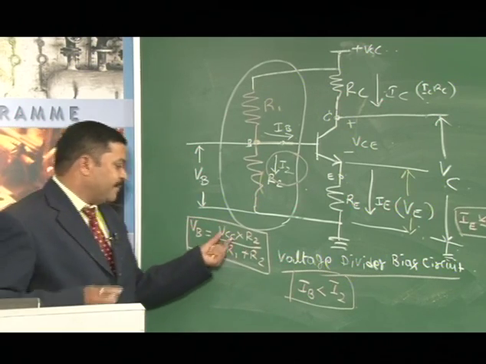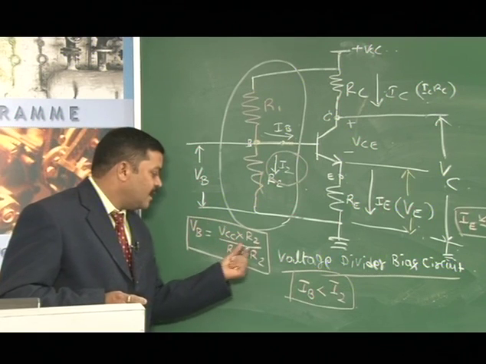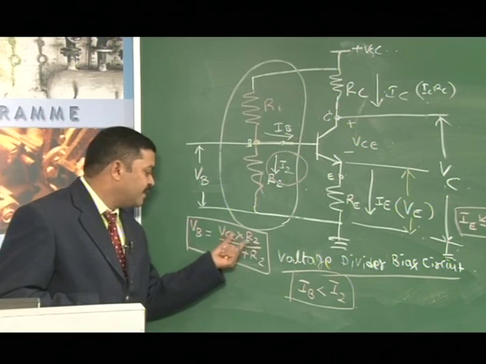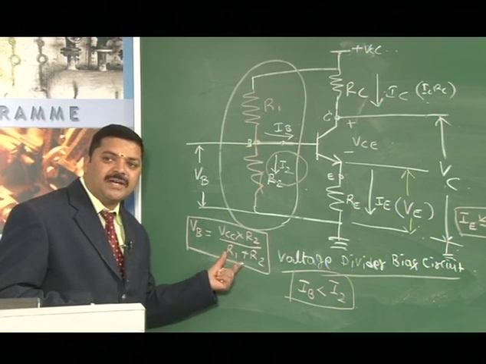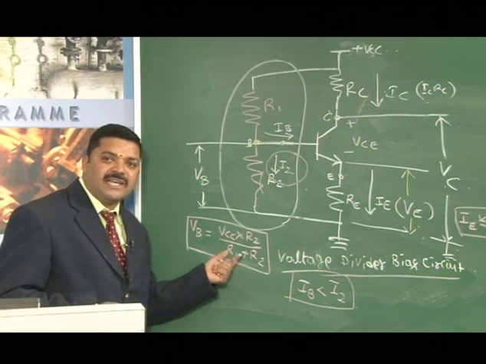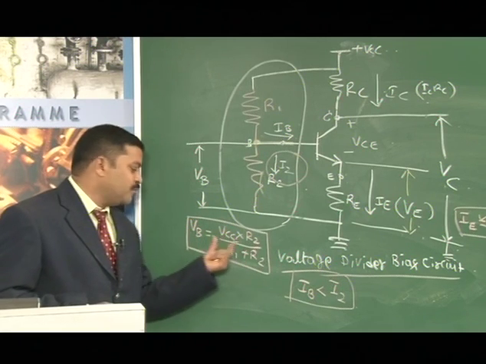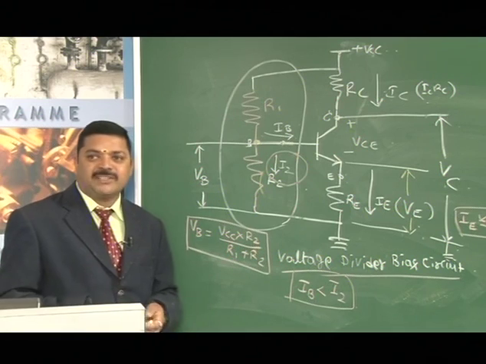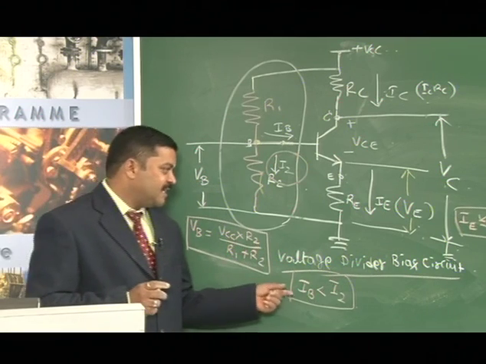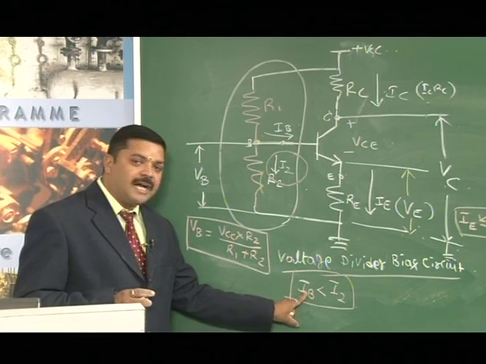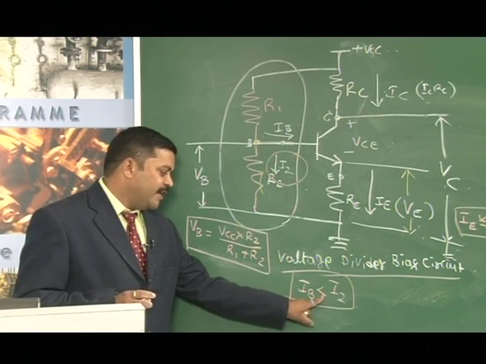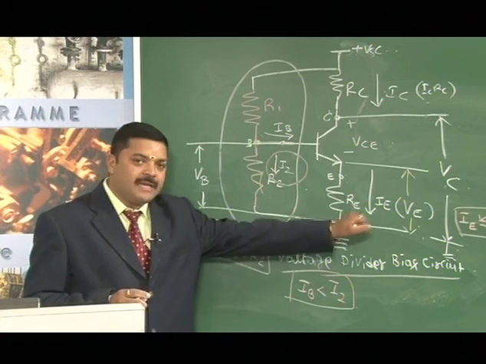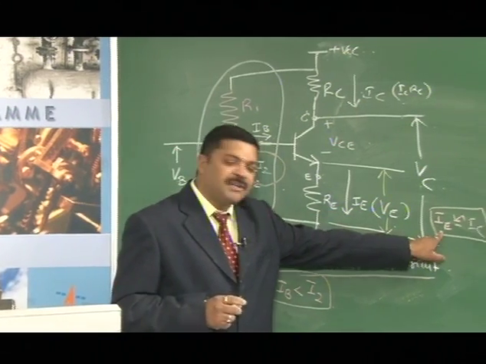So VB is assumed to be constant. Why do we have to assume? VCC is constant, R2, R1 both are constants, fixed values. So when you divide any fixed value by any other fixed value, it is only a constant. So VB is assumed to be constant in the approximate analysis. The 3 points you must remember here in approximate analysis: the base current IB is assumed to be very small when compared to voltage divider network current, and IE is approximated to IC.